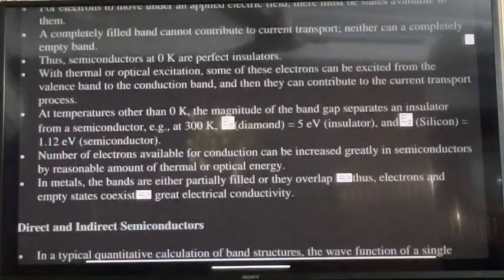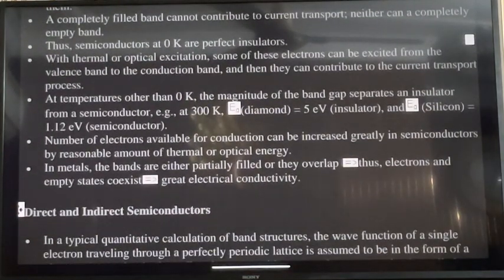So, let's say diamond has 5 electron volt, silicon has 1.12 electron volt. This is the required energy, or the required potential, for the semiconductors to start conducting electricity. With a higher band gap, suppose diamond has 5 electron volt, we say that diamond is an insulator.